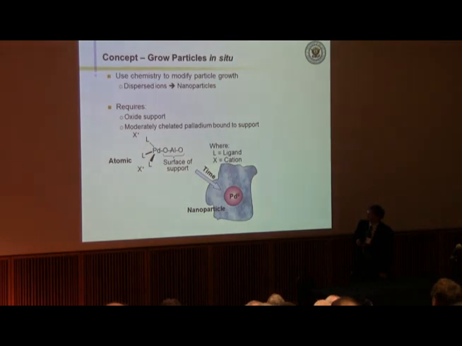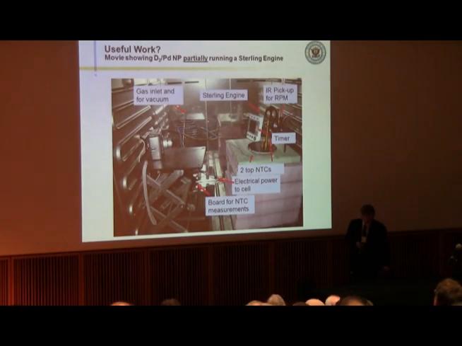Okay. Now, as I explained in previous ICCF meetings, we had a concept that if we grow particles in situ, we can get some extra energy. And we built an engine running on this extra energy, and it's a Stirling engine, and it looks like this inside of this constant temperature incubator with a bunch of instrumentation.